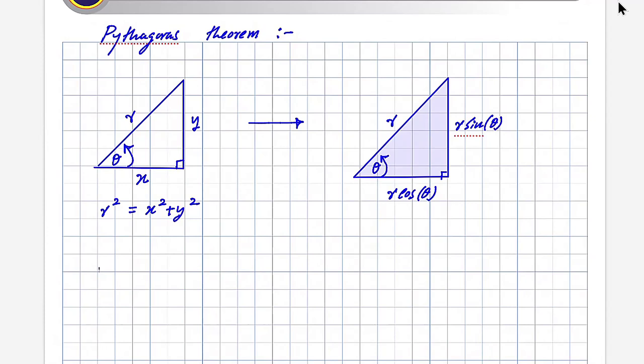Now we'll use Pythagoras theorem on the second object. You get r squared equals r sine theta, the whole thing squared, plus r cosine theta, the whole thing squared.